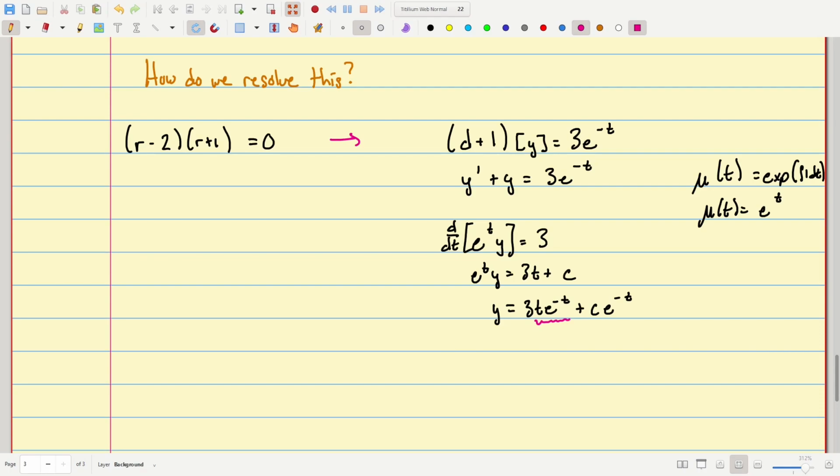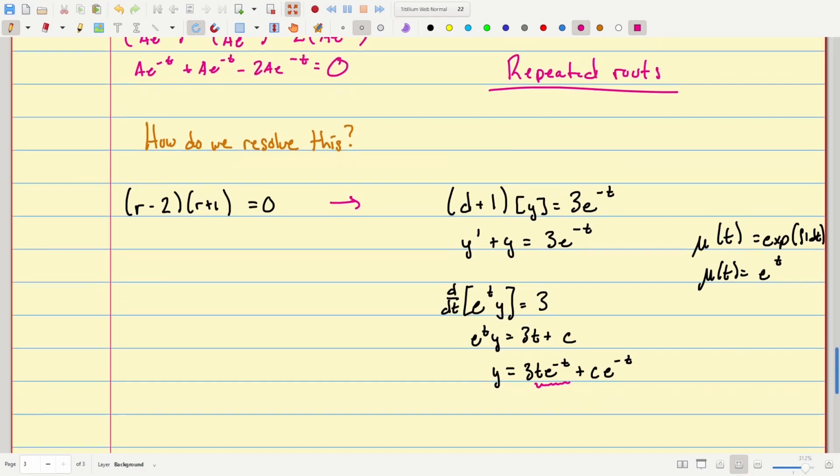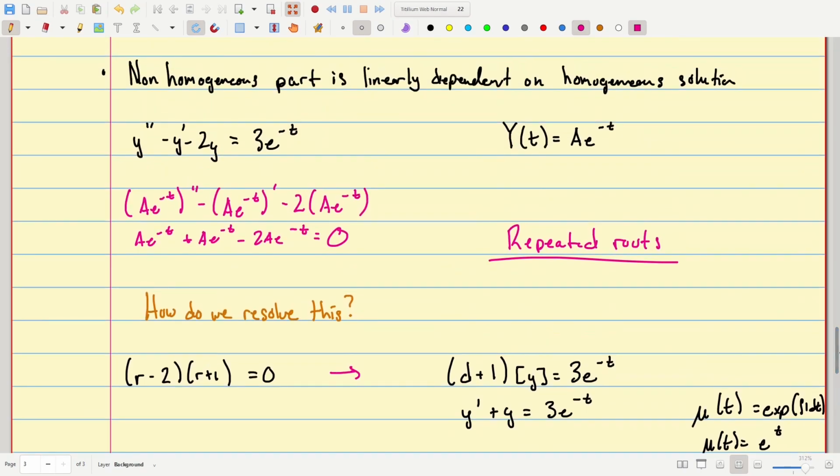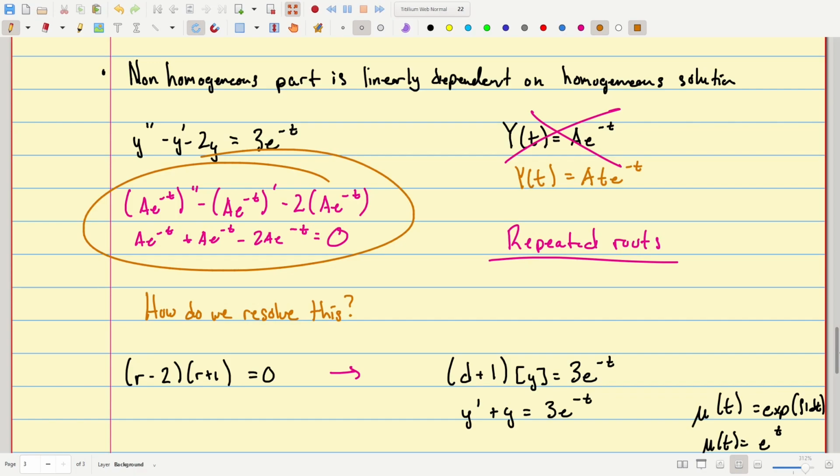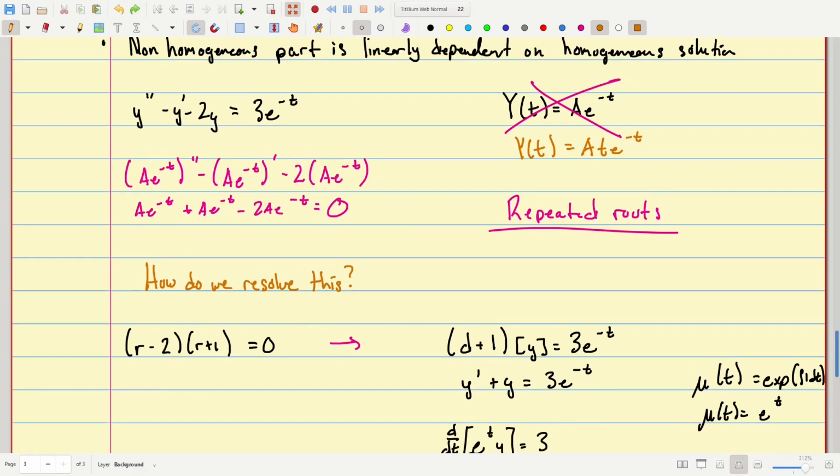So when we set up for this, instead of guessing this kind of thing, we're going to be guessing this kind of thing. I don't need to have the e to the t part, because any number times e to the t is just going to give me 0. So I can just skip that part of the guessing.